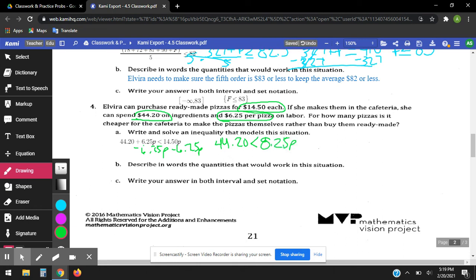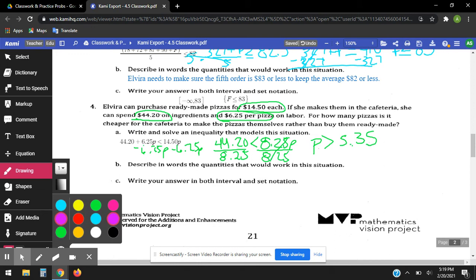And now to get it by itself, I need to divide by 8.25. So I'm going to flip this around just so I have my p first. So p has to be greater than 5.35.